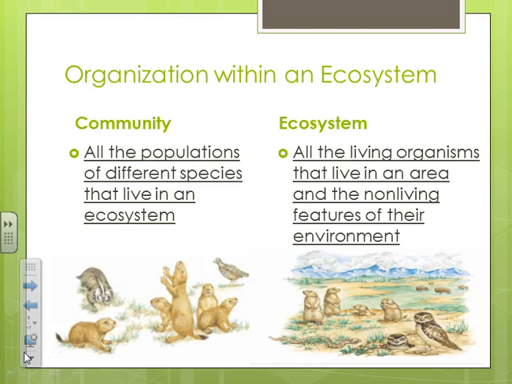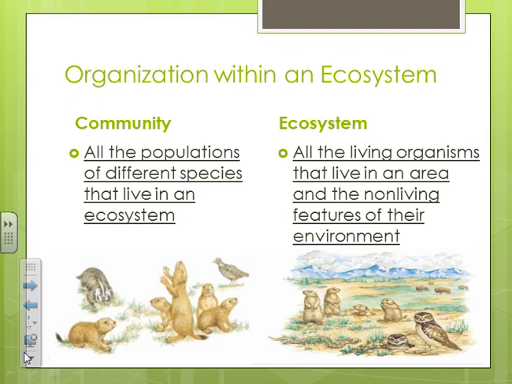Okay, next, let's discuss a community. So all the populations of different species that live in an ecosystem. When you're looking at that ecosystem and you see your population of, what did we say those were, hedgehogs? What are they?